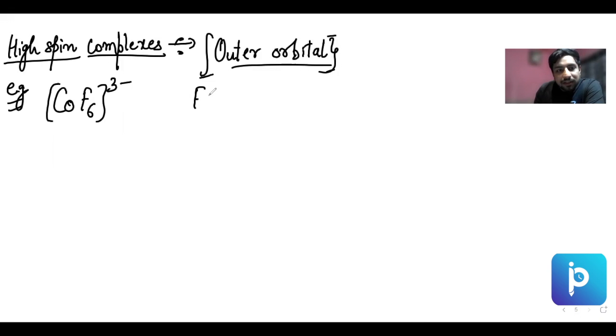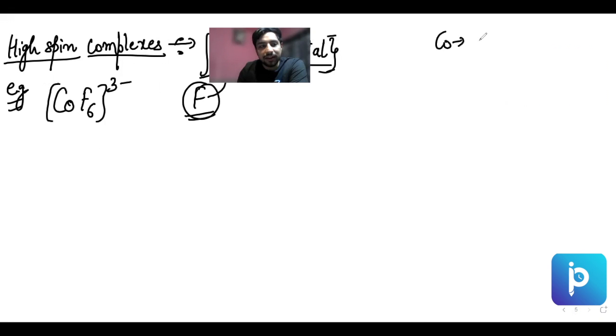Why? Because this fluorine prefers to do bonding in the outer orbitals. So in this again, we will first find out the oxidation state of cobalt. That is x minus 6 equal to minus 3, so x is equal to plus 3.